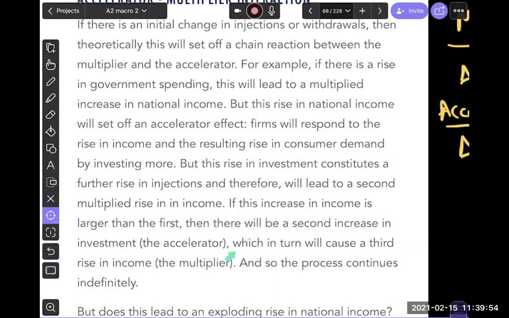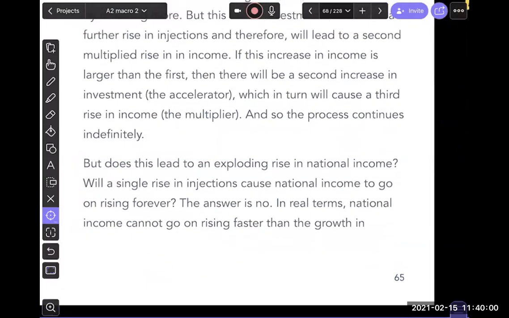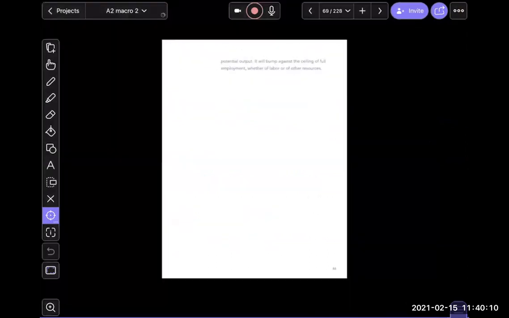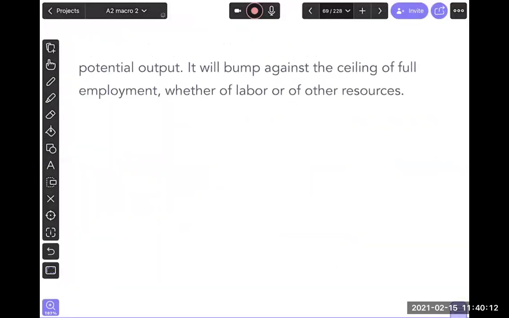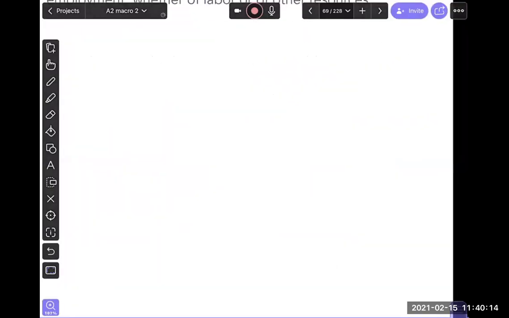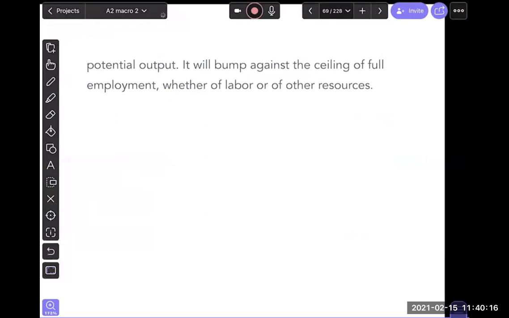But this process will continue indefinitely. But will it lead to an exploding rise in national income? And the answer is no, because in real terms, national income cannot go on rising faster than the growth in your potential output. Your potential output is your YF. You can't go beyond YF.